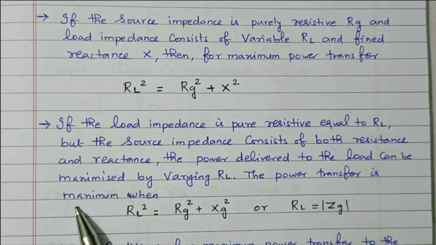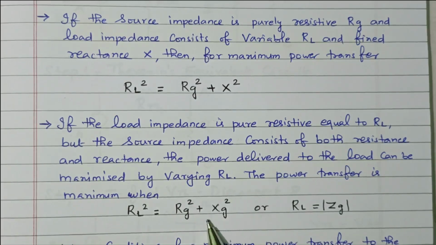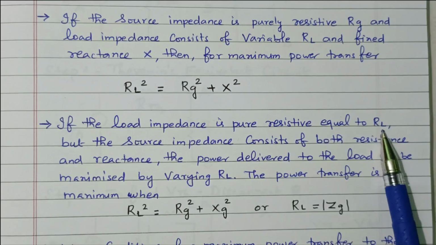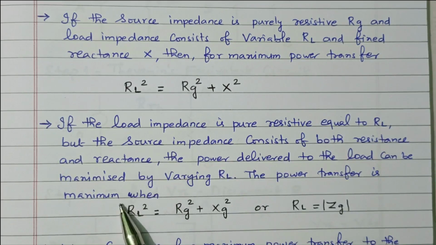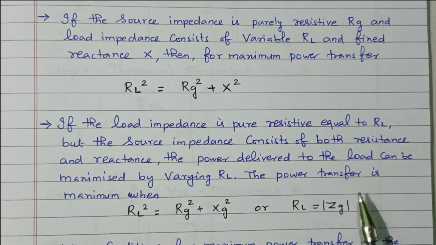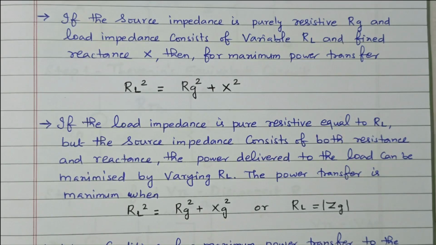Power transfer is maximum when RL square equals Rg square plus Xg square. Otherwise, RL equals magnitude of Zg, right? Rg and Xg are constant, but we can vary RL. By varying it, we make both equal. Under that condition, RL equals magnitude of Zg.